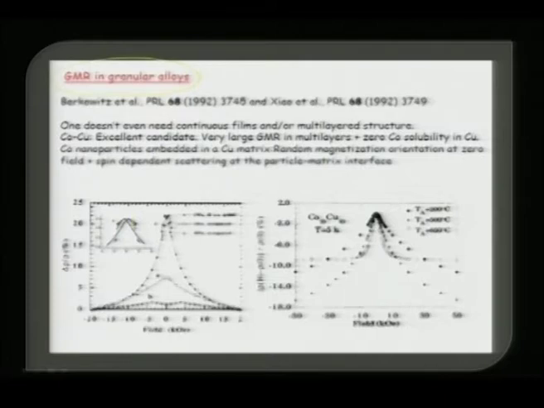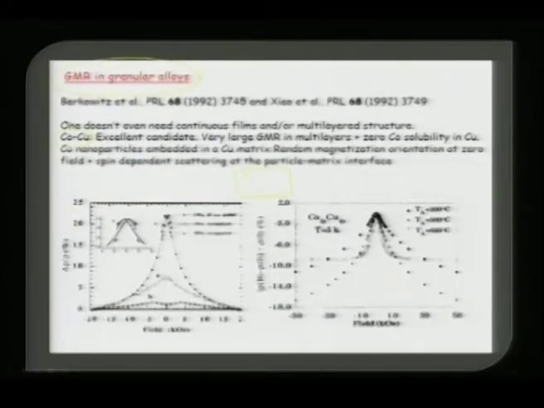GMR can also be found in granular alloys. Granular alloys means those which are like cobalt copper. If you co-sputter or co-deposit cobalt and copper, you would see that cobalt and copper are not miscible. So in a copper matrix, cobalt will form cluster-like structures. Instead of forming a continuous layer, cobalt will form clusters, and depending on the cluster size of cobalt in the copper matrix, you can see resistance varying, and that is what you see here.